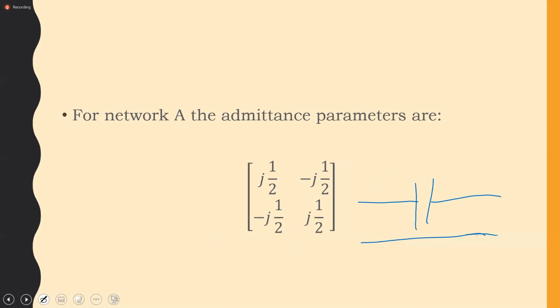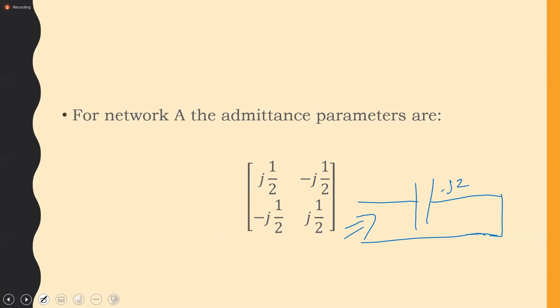These are short circuit parameters, right? Yes, sir. If I do this, what's the impedance looking into that? This is minus J2.